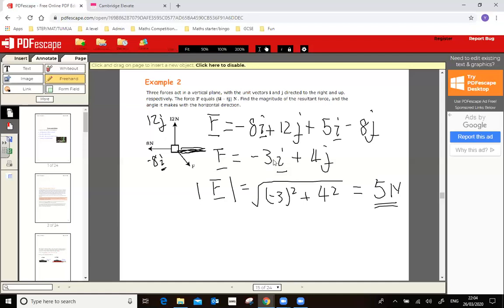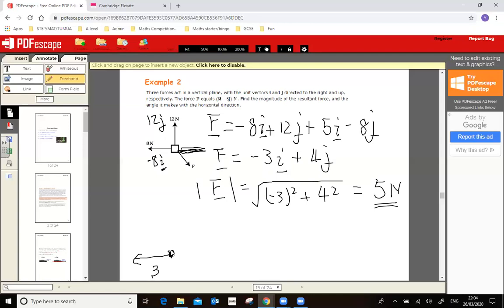Okay, so why don't we draw this vector out? So what does this force look like? What does the vector look like? So imagine if we start, if this is our origin, okay. Now minus 3I means I have to go backwards by 3.